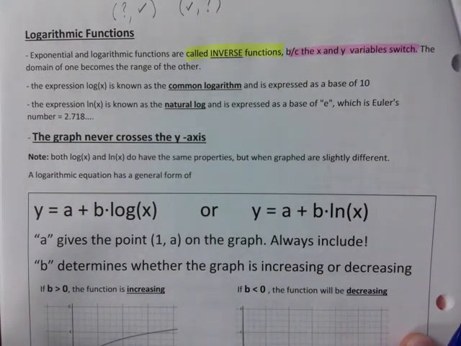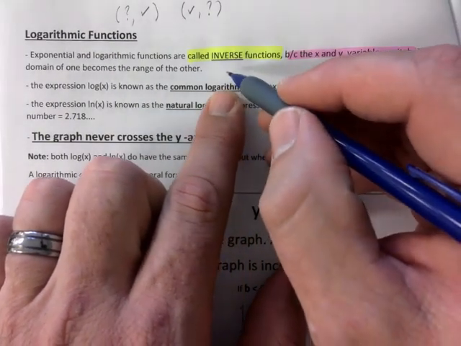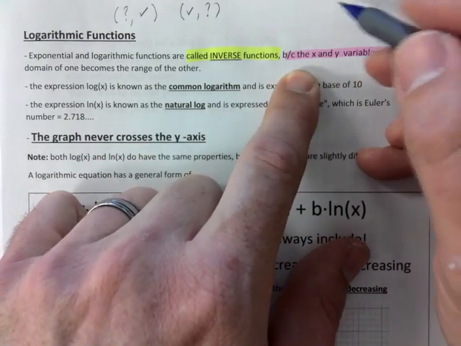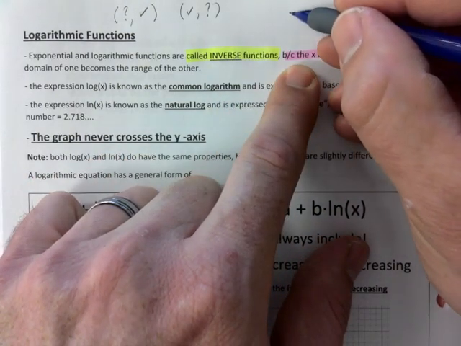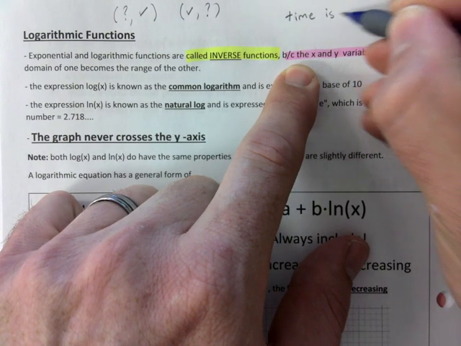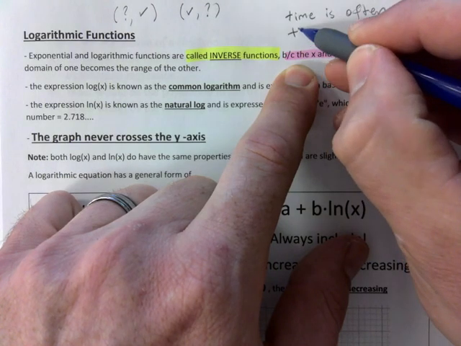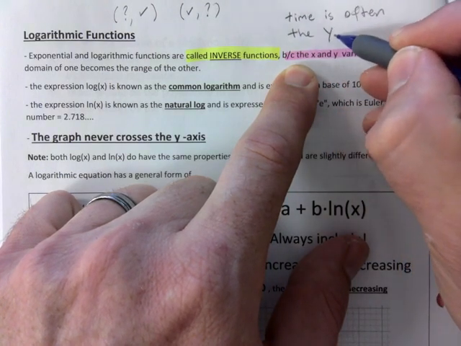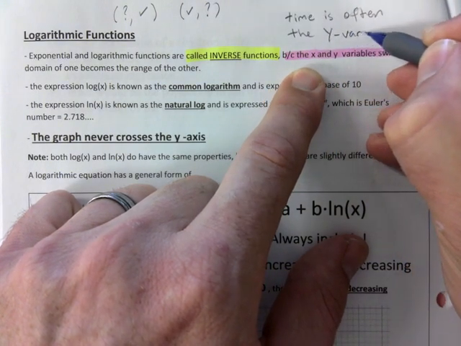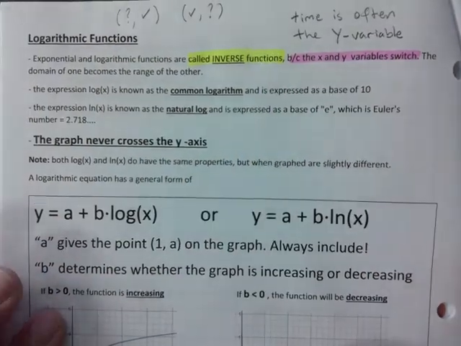I will say this. Maybe up here because I need a bit of room. Time is often the y variable, and that's what can make this a little confusing.